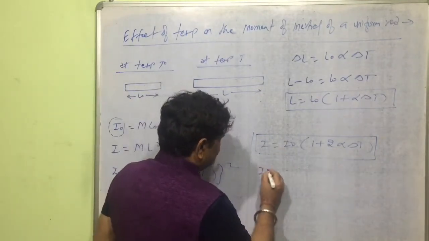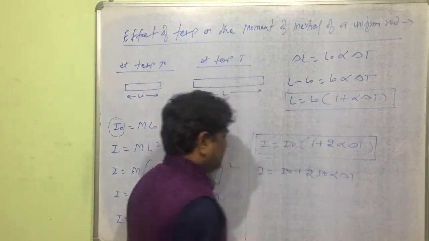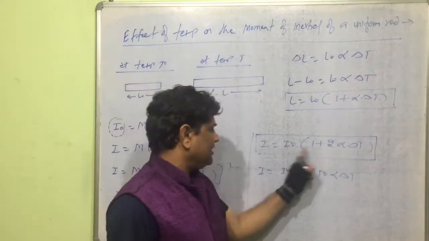Now, I is equal to I naught plus 2 times I naught alpha delta T, multiplying inside by I naught.